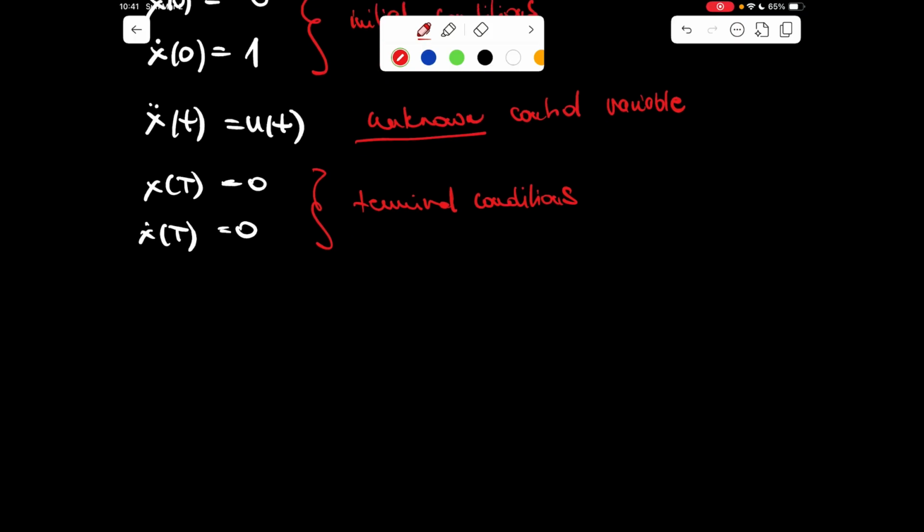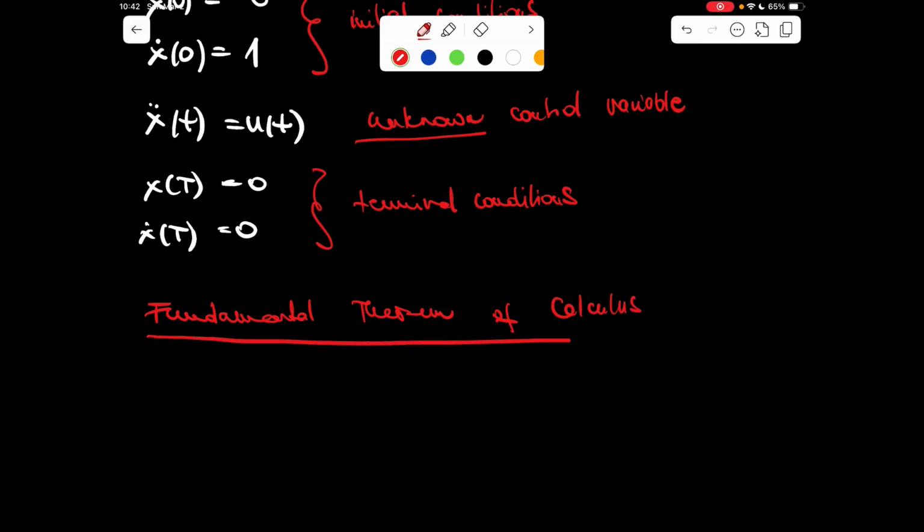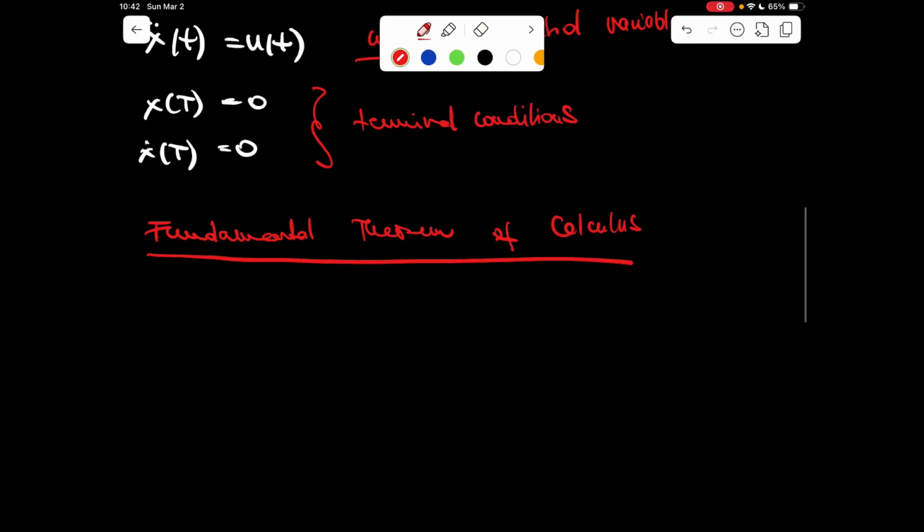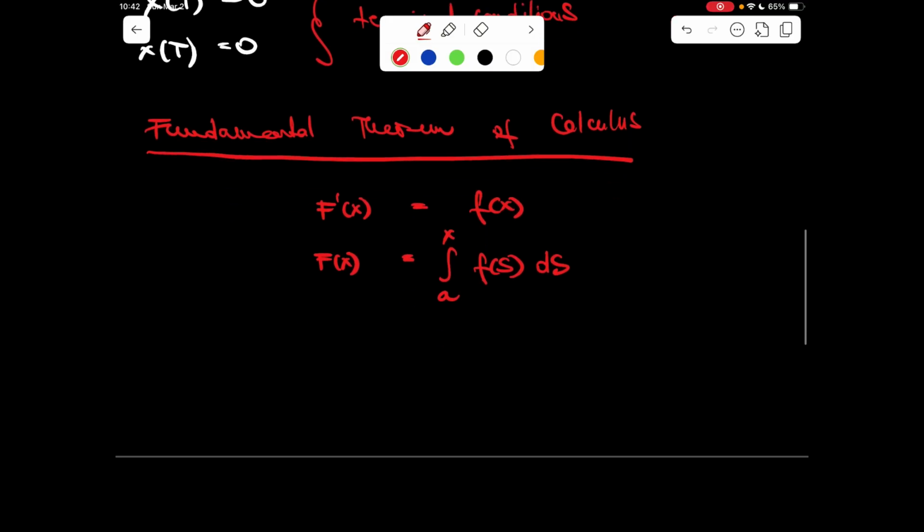Let's use the fundamental theorem of calculus. What does it say? It says that if it holds, then it also holds.